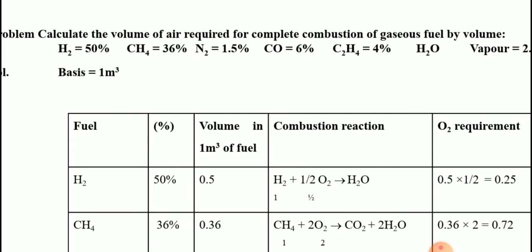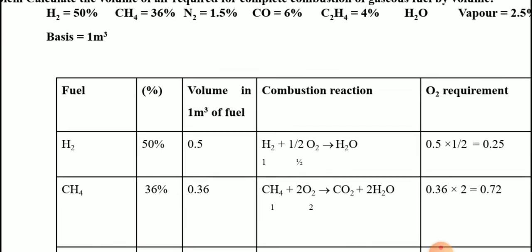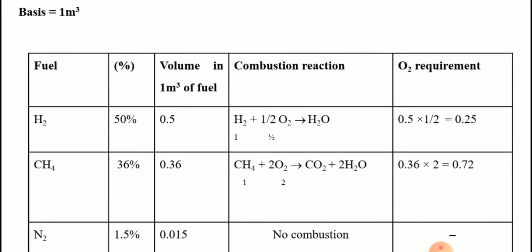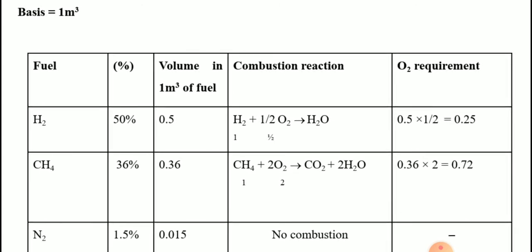Volumetric composition is given, so let the basis be 1 meter cube. Make a table for the fuel to express percentage, volume in 1 meter cube of fuel, to write down the combustion reaction, and to calculate the oxygen requirement.